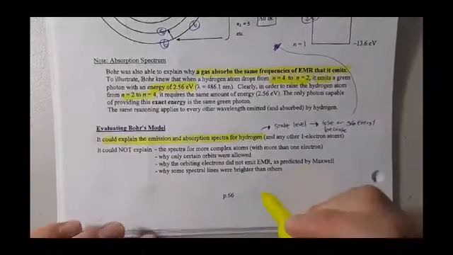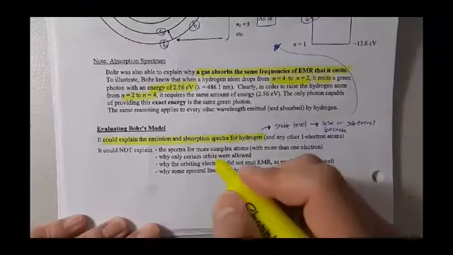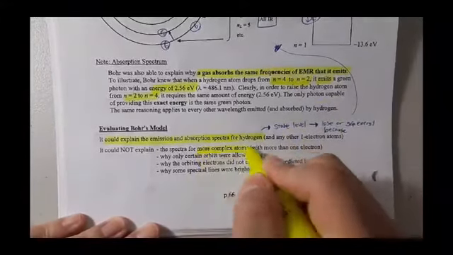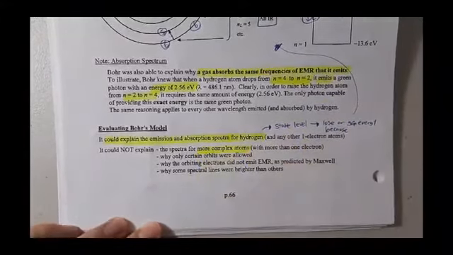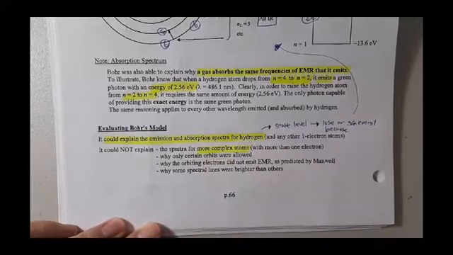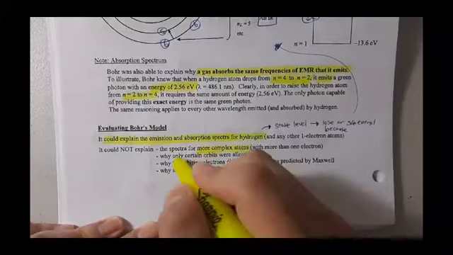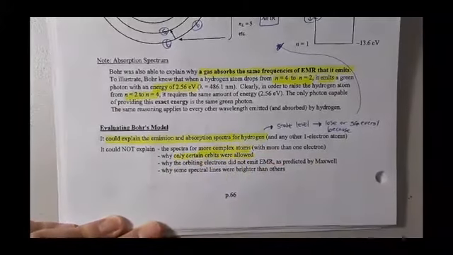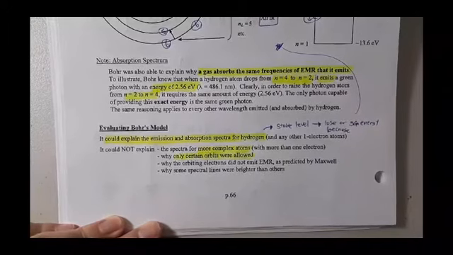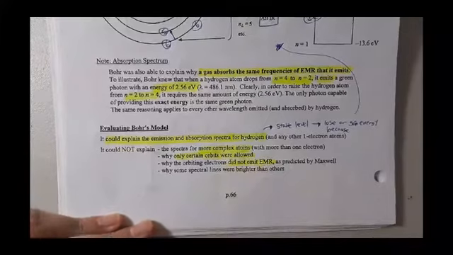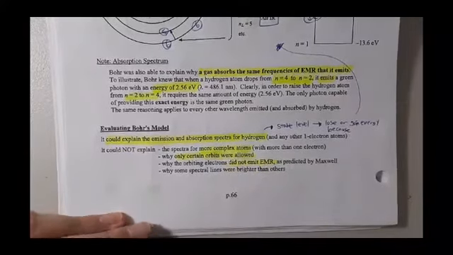Number one was the spectra for more complex atoms, with more than one electron. Hydrogen has one electron, so it was easy to calculate. But what about gold, a heavy metal? Or, why only certain orbitals do we have to go? Why not in between? Or third, why did the orbiting electron not emit EMR as predicted by Maxwell?